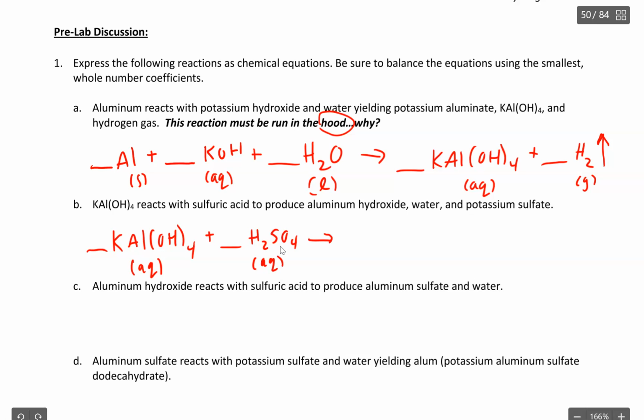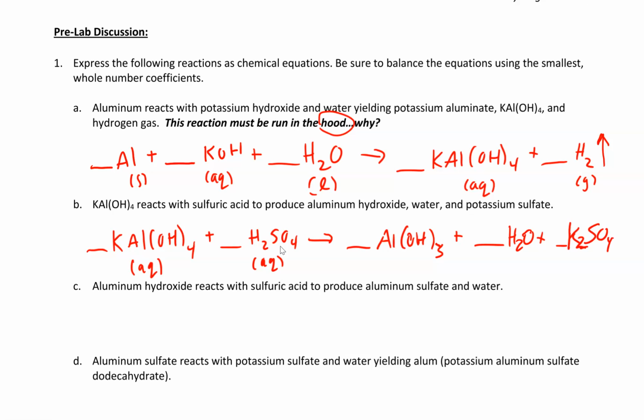That's going to produce aluminum hydroxide, AlOH3. Water, H2O. And potassium sulfate, K2SO4.